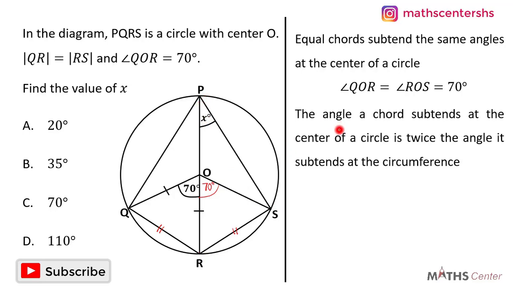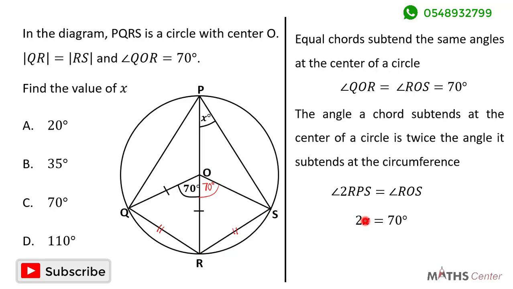The theorem says that the angle that the chord will subtend at the center is 2 times the angle it subtends at the circumference. It means that 2 times angle RPS, that's the angle at the circumference, will give us the angle at the center, which is angle ROS. Angle RPS is X, and angle ROS is 70 degrees.